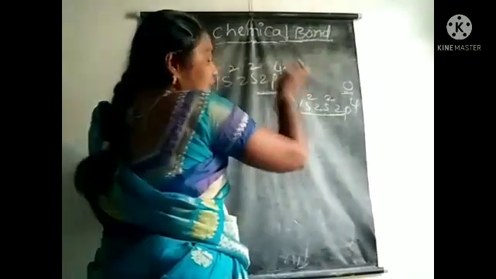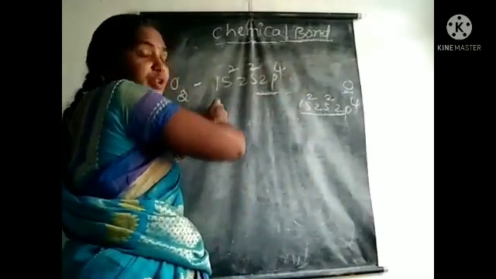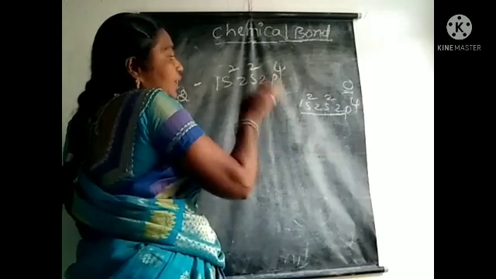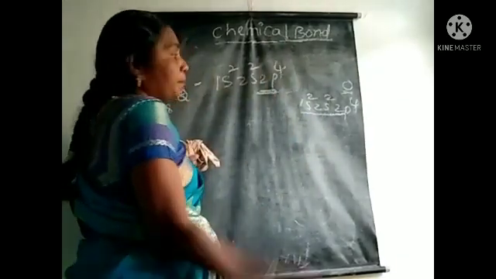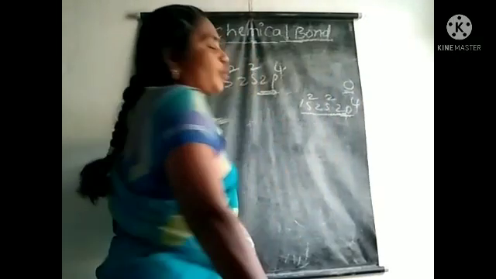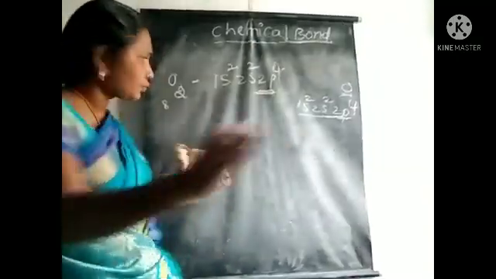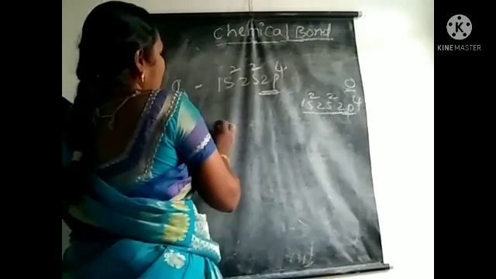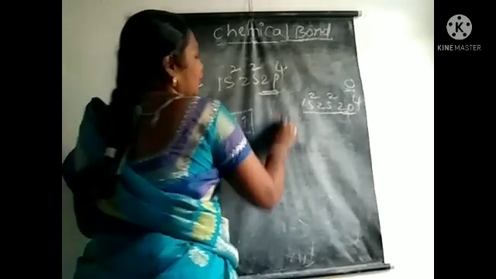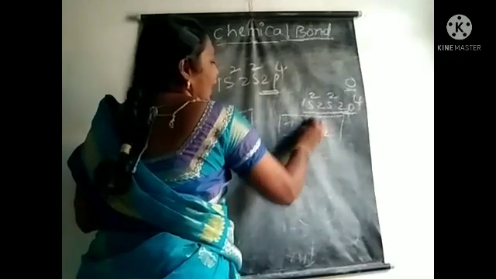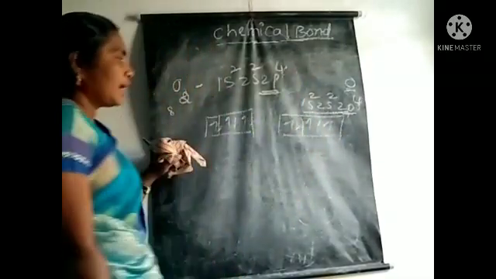8 electrons are present in each oxygen. In the outermost shell, 4 electrons are present in the p orbital. Here also 4 electrons are present in the outermost orbital. The p orbital electron distribution is like this.